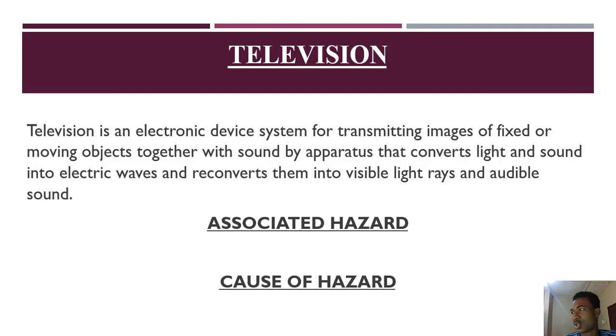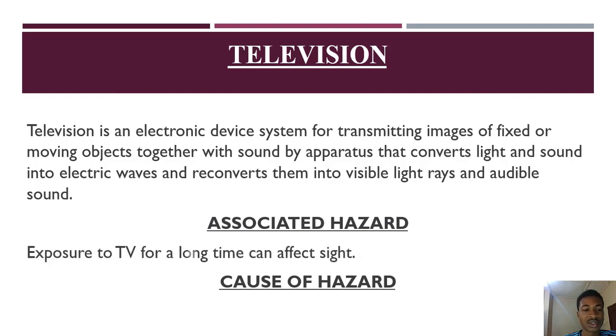The associated health hazard when it comes to a television is that exposure to a television for a very long time can affect our sight. When we sit very close to a television for a very long time, it can affect our sight. The cause of the hazard is sitting close to the television.